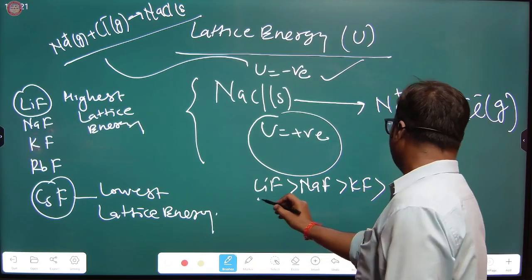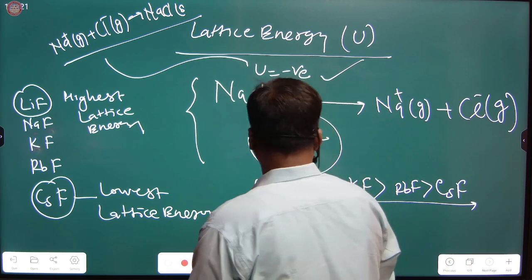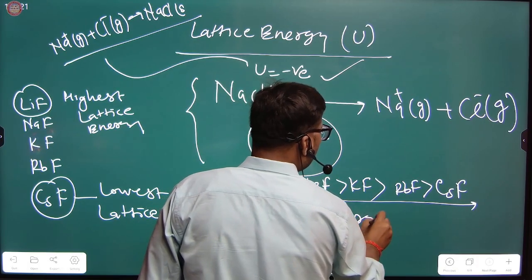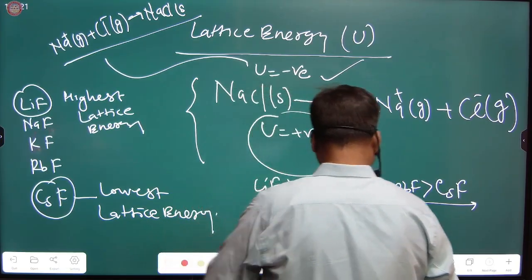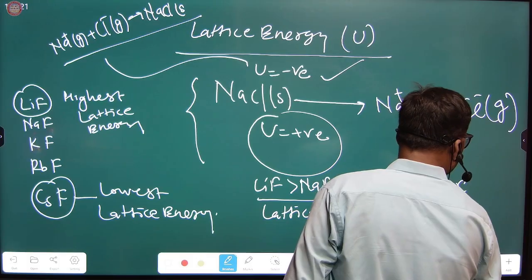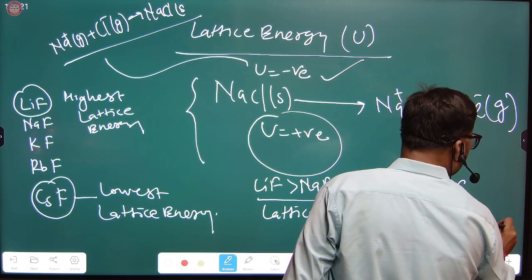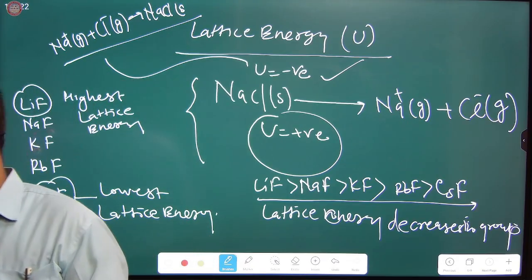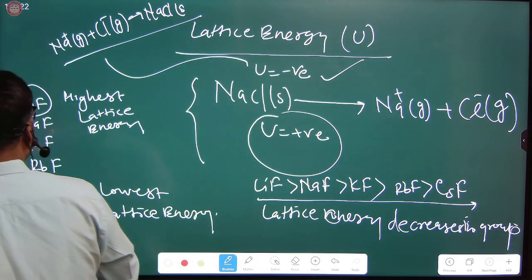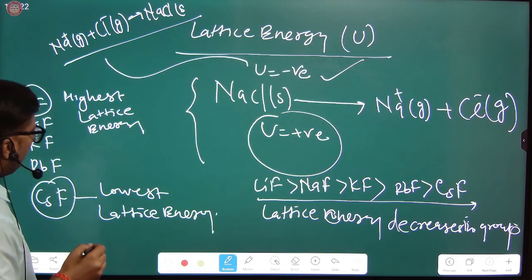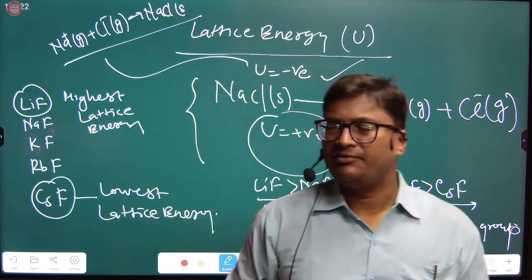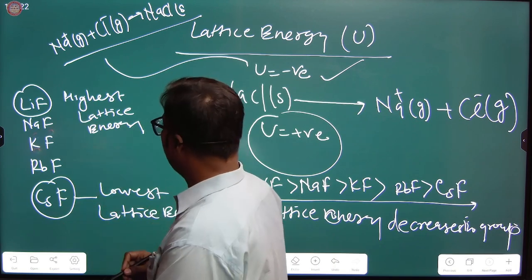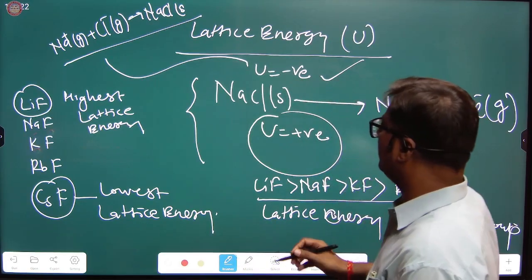So, lattice energy decreases down the group because of the size effect. Since the charges on each ion are equivalent, only one factor is effective, that is size. Moving from top to bottom, the size of the ions increases and the lattice energy decreases.